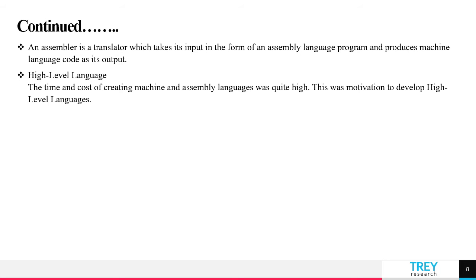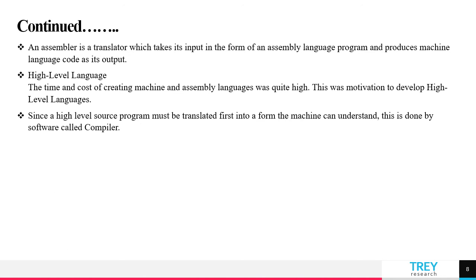The high-level language: the time and cost of creating machine and assembly languages was quite high. This was the motivation to develop the high-level language. Since a high-level language source program must be translated first into a form that the machine can understand, this is done by software which we call the compiler. For example, on a keyboard you type maybe THE. The computer does not understand the THE.